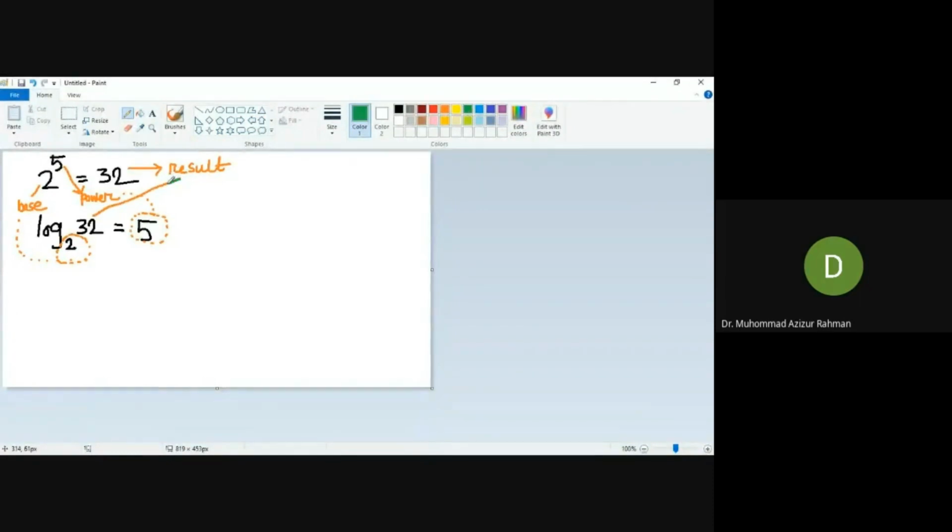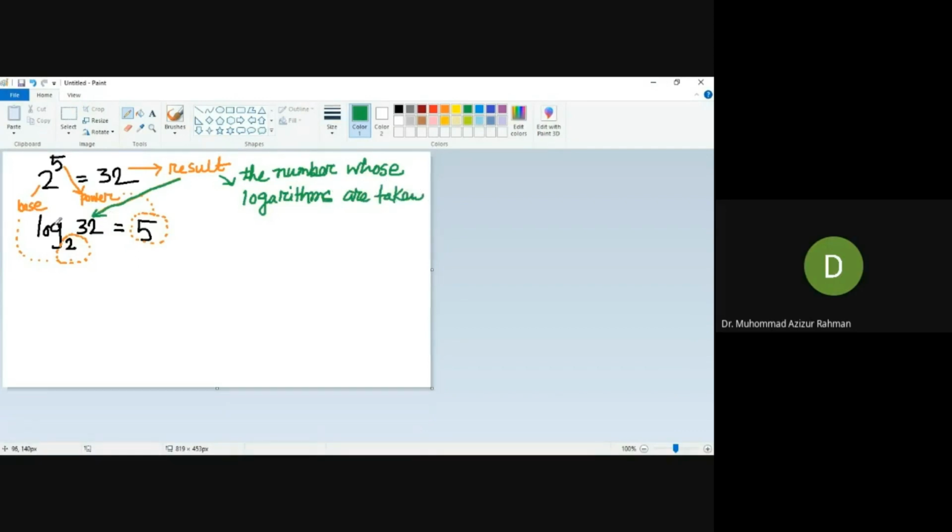So actually this one denotes the number whose logarithm is taken, right? We are taking the logarithm of this. This is the number 32, or what we previously called the result.